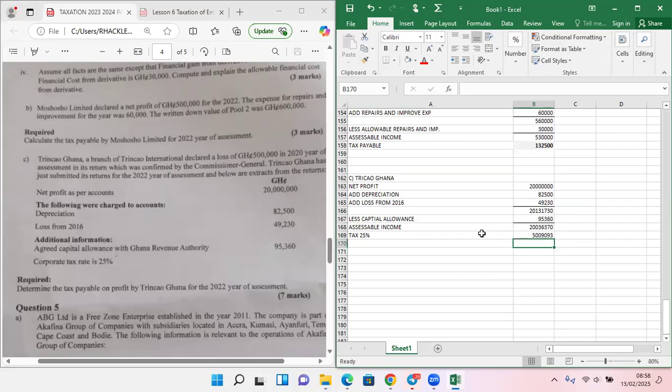So this will be our tax here, the appropriate tax.